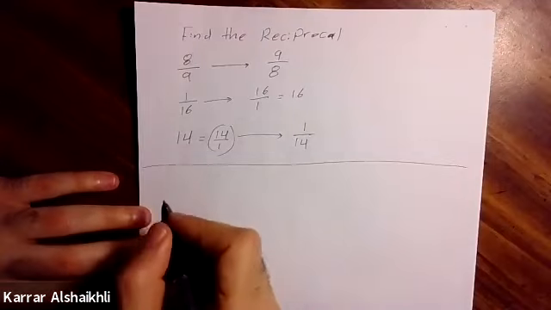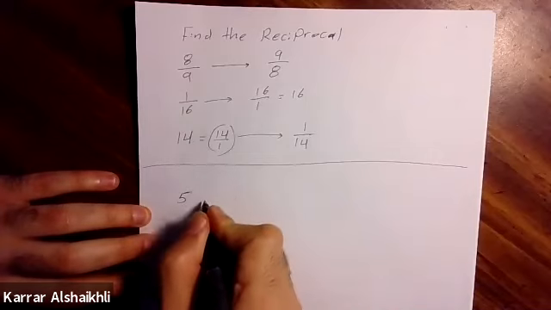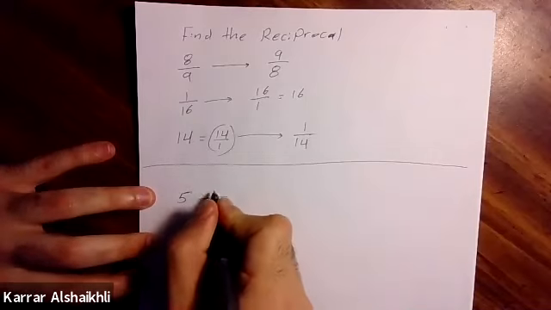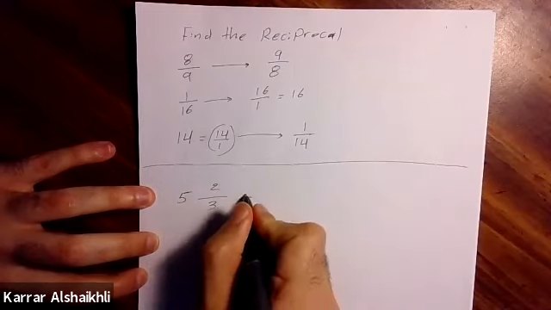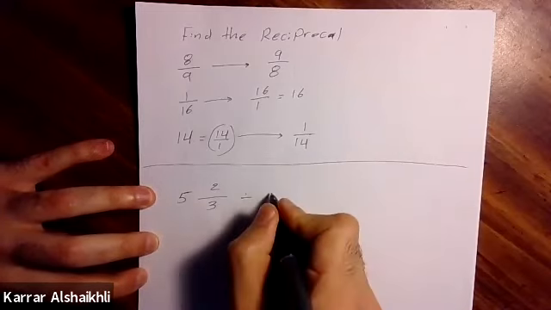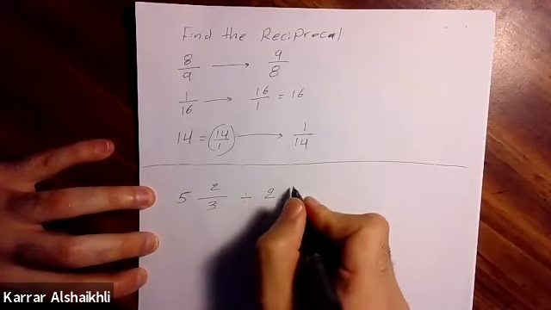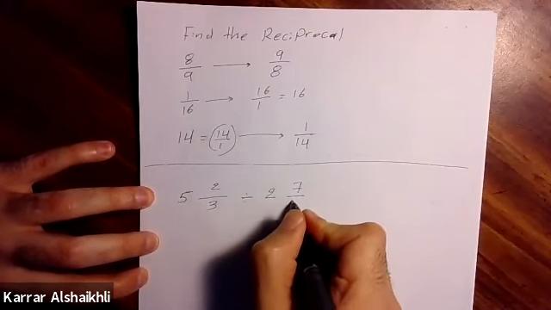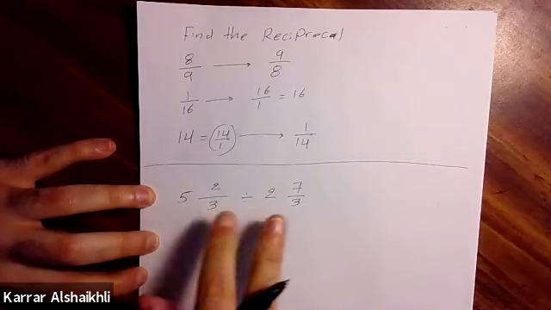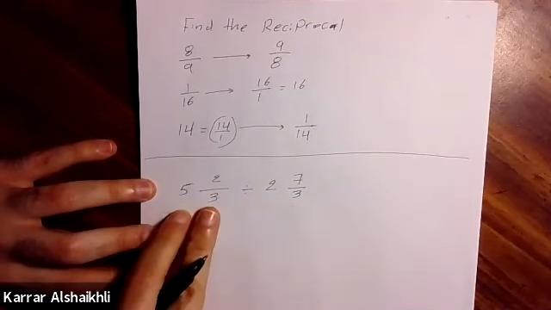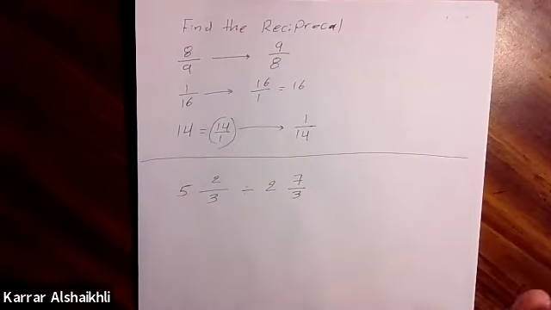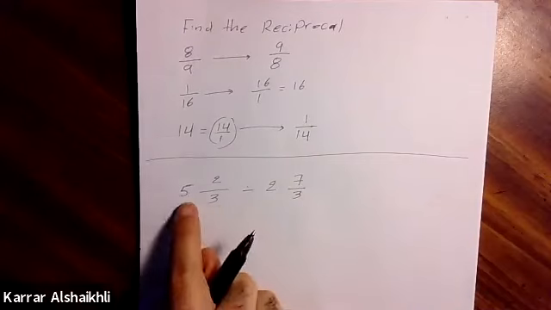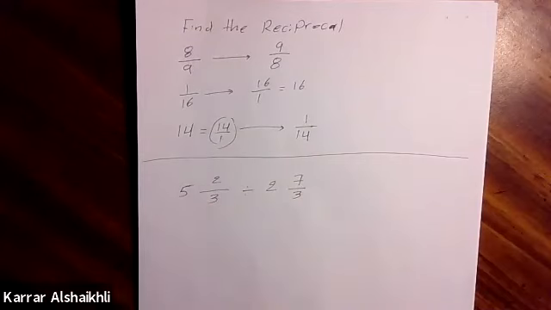If we have 5 2/3 divided by 2 7/3. Check these two numbers here. This is a mixed number, and this is a mixed number. We can't do the division while we have mixed numbers. So we have to convert these two mixed numbers to improper fractions.